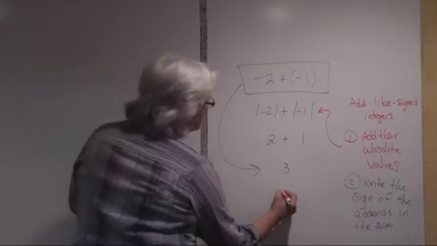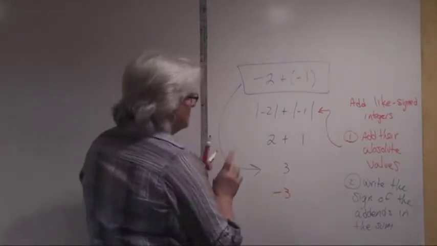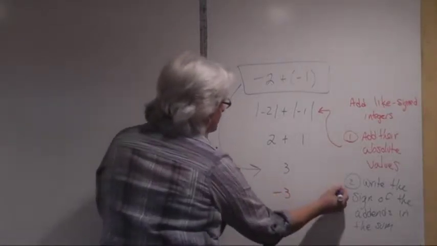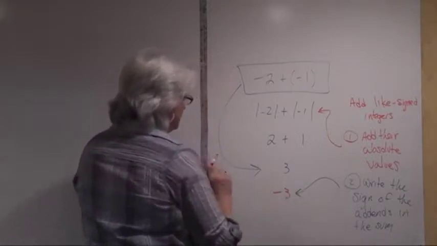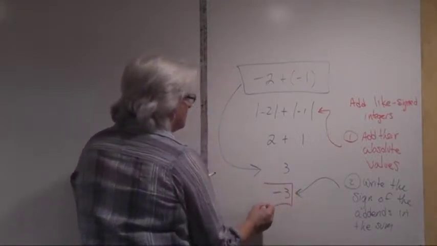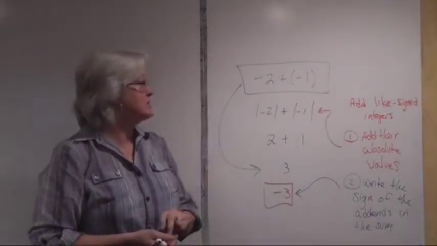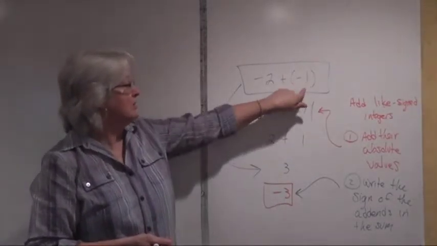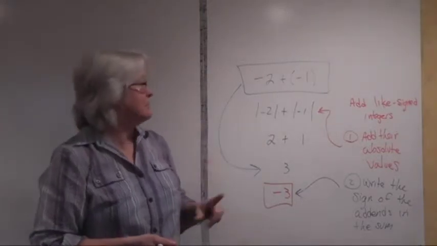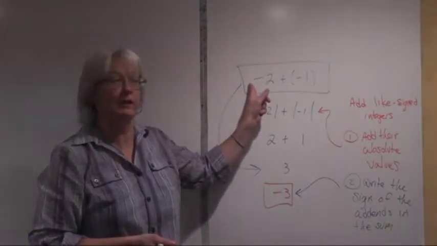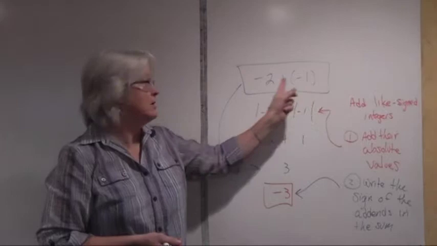So what is this saying to do? Two steps here. Let's review them. If we want to add like-signed integers, first we want to add together their absolute value. Here's our original problem, -2 plus a -1.